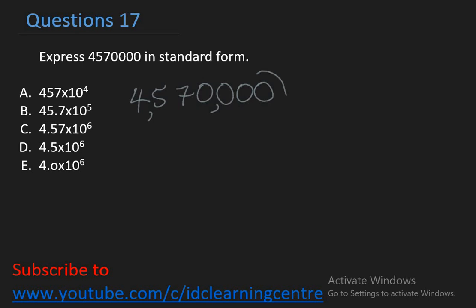So this will give me 1, 2, 3, 4, 5, 6. So we have 4.57 times 10 raised to the power of 6, since I counted 6 times to get to the last digit, and the right answer will simply be C.